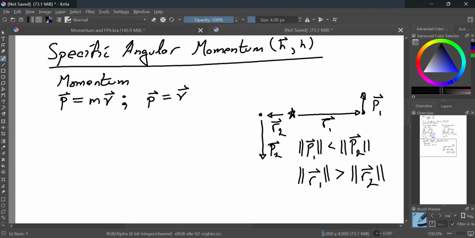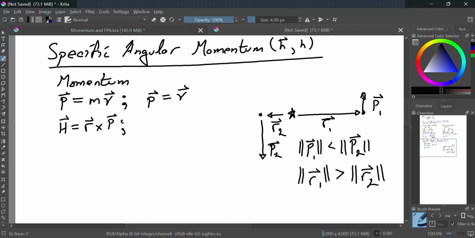In fact, you'll see that angular momentum is just the distance to the body crossed with the momentum of the body.